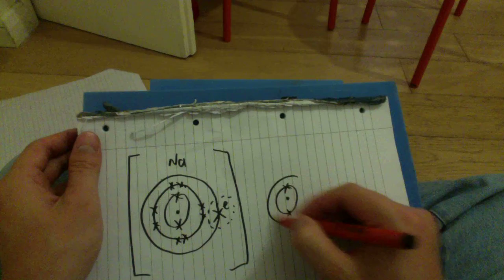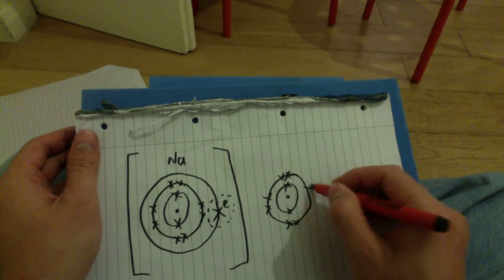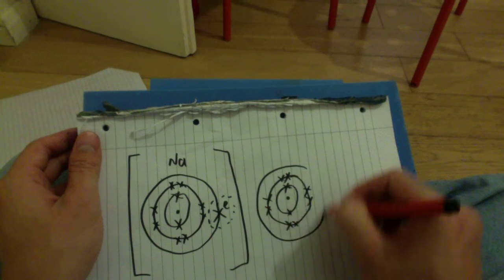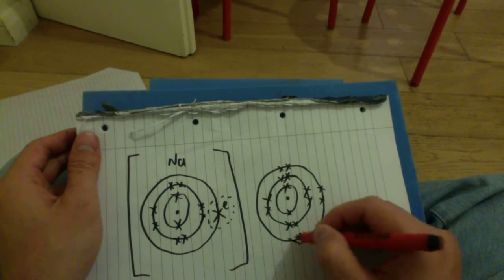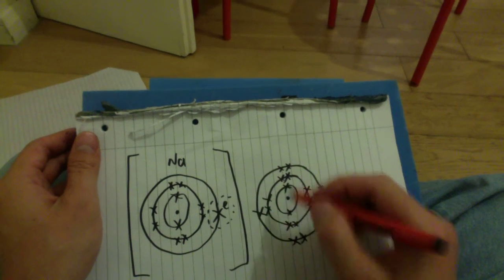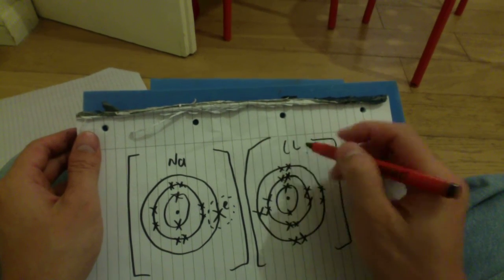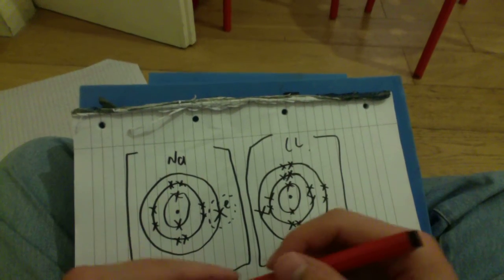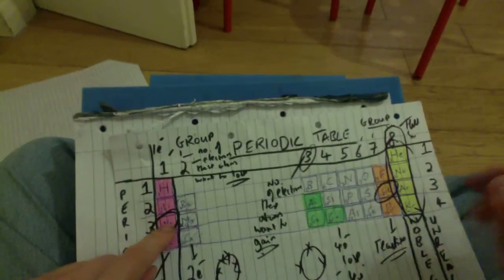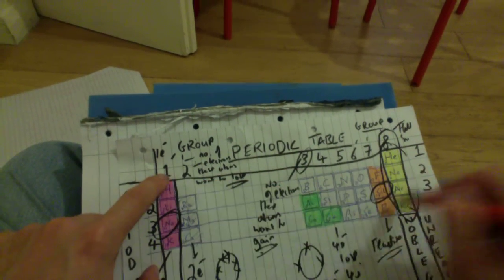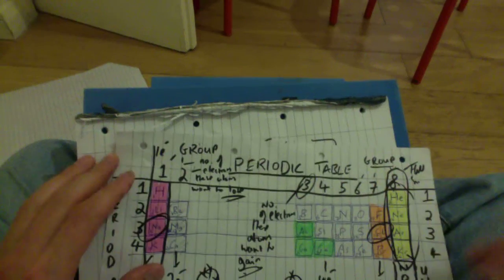Sorry, it takes a bit of time to draw this. As I said before, sodium wants to lose an electron and chlorine wants to get an electron to be happy.